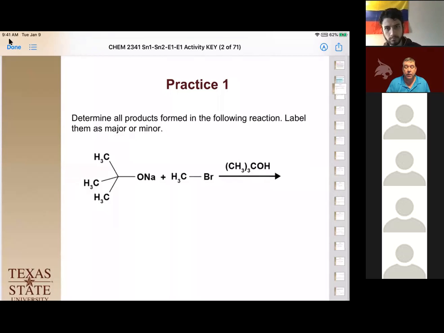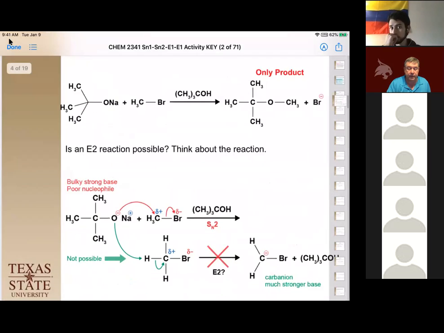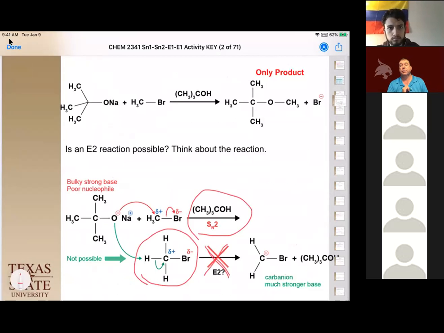When we looked at it, we identified what was the nucleophile, what was the electrophile, is it a good base, is it a strong base, is it a bulky base, and where the attack would happen. And what we found out was that because there are no beta hydrogens, it can't undergo any kind of elimination reaction, and therefore our only product is going to be our substitution product.